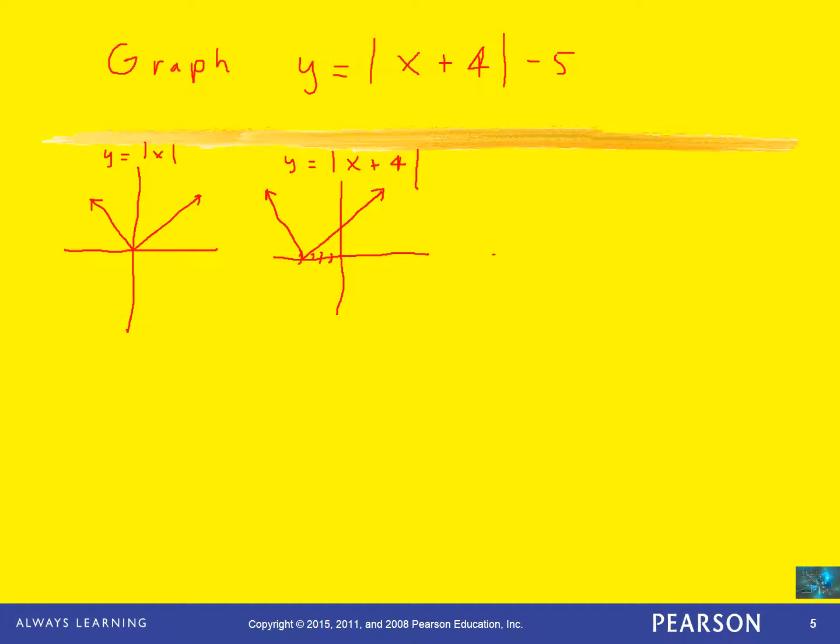And the next stage will be the subtract 5. And that always, no matter what kind of function we're talking about, has the same effect. Y equals absolute x plus 4 minus 5 has the effect of lowering the graph 5 units. So we're going to go down 1, 2, 3, 4, 5.